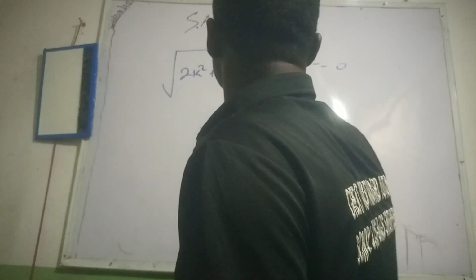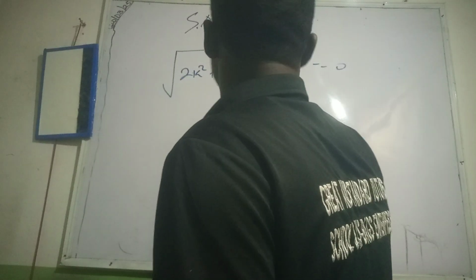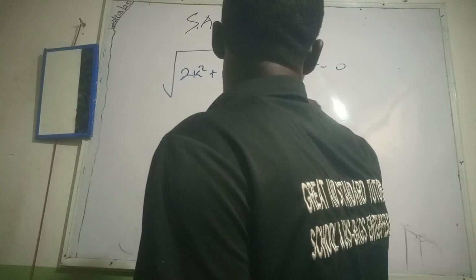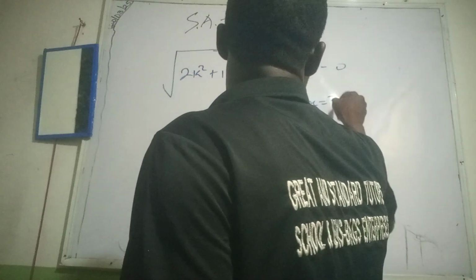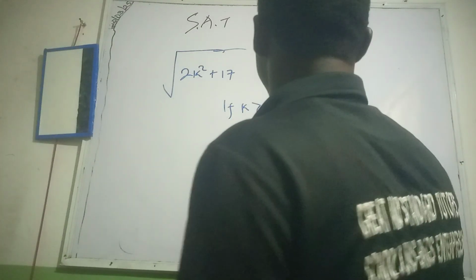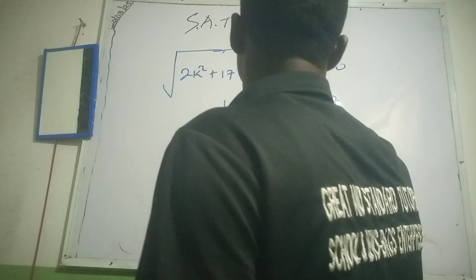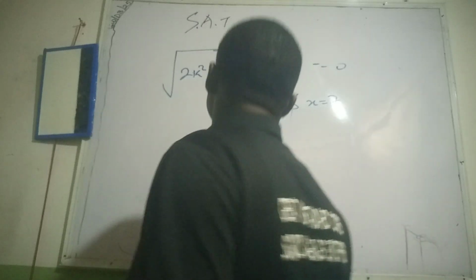If k is greater than 0 and x equals 7 in the equation above, what is the value of k? That's the question.